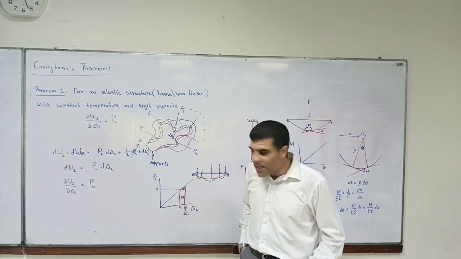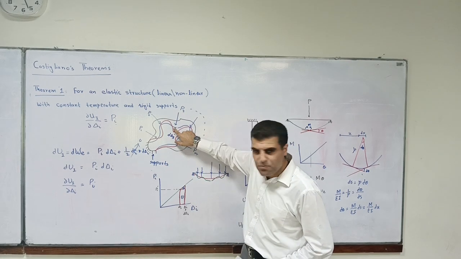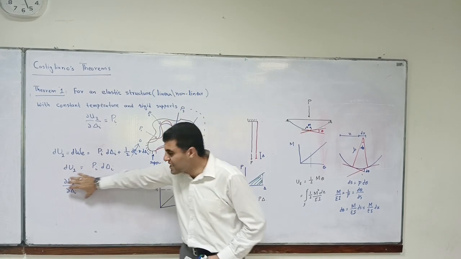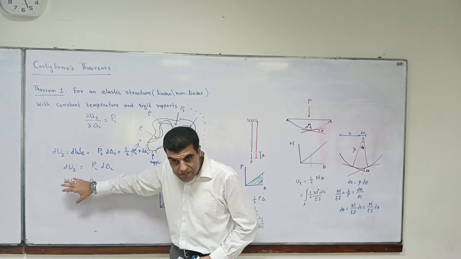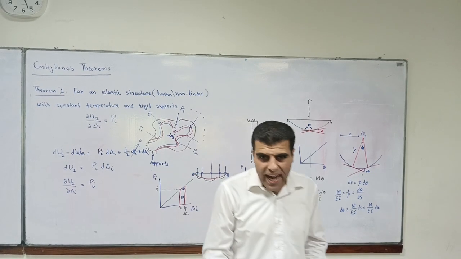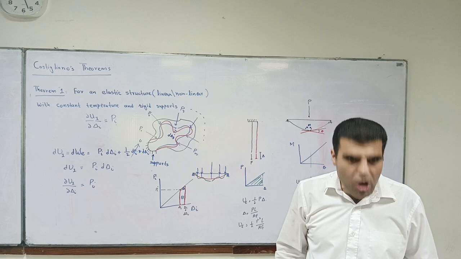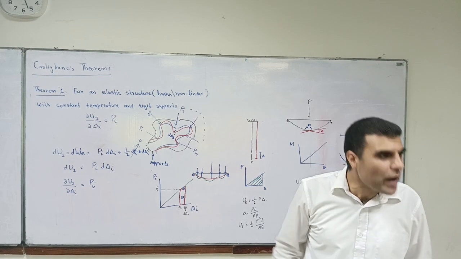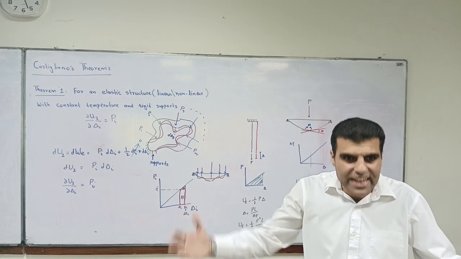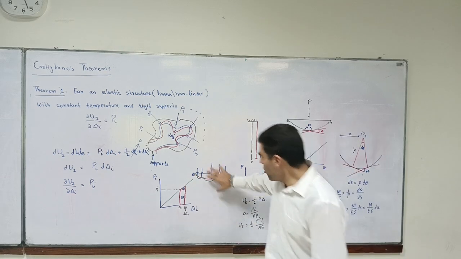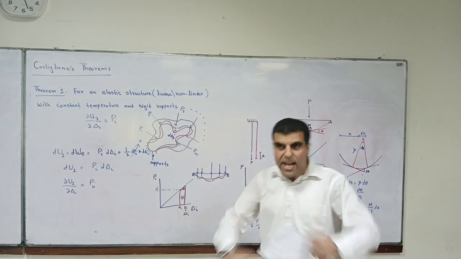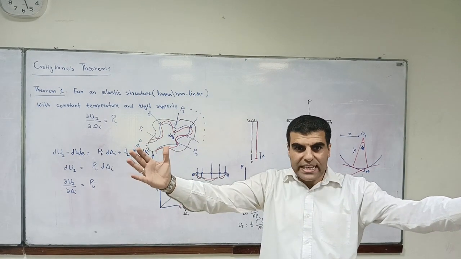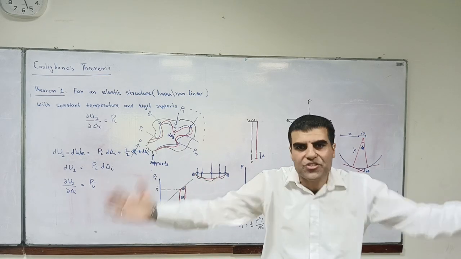Look, this extra deformation we have provided to prove this theorem that if you have the internal energy of a system, you have got an equation which gives you the internal energy. Like for example, don't think about this as a beam. Think about it as a big finite structure like this room.